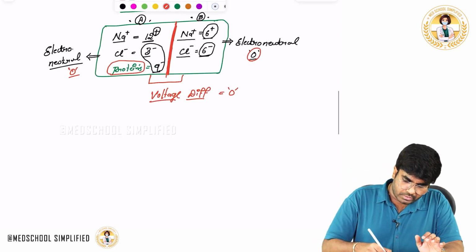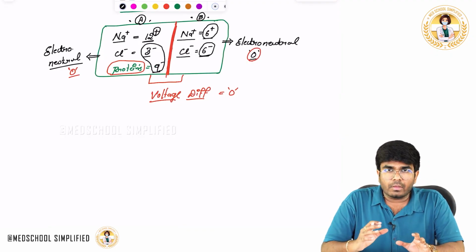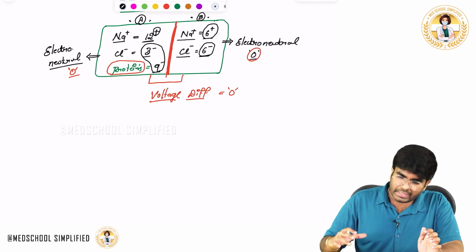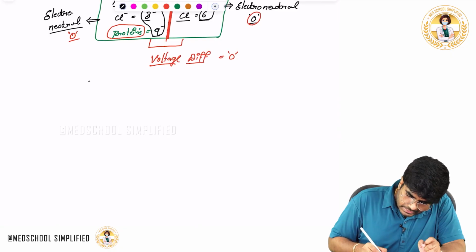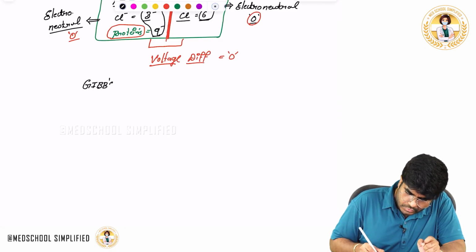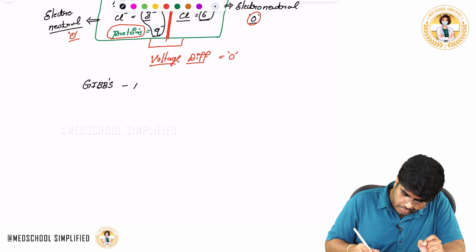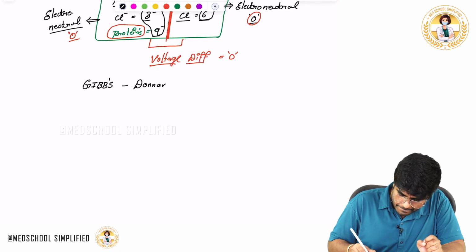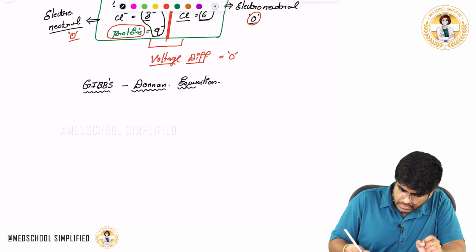So, what do we have to know? We have to give an equation and write certain important points. That is the Donnan equation, or Gibbs-Donnan equation. Whatever we have discussed so far is explained by the Gibbs-Donnan equation.